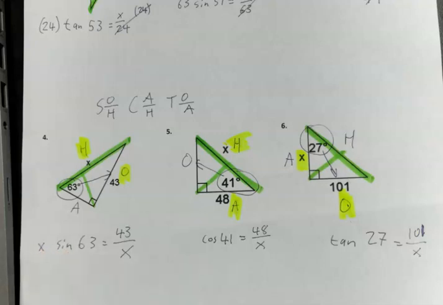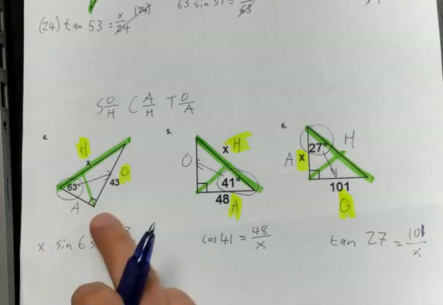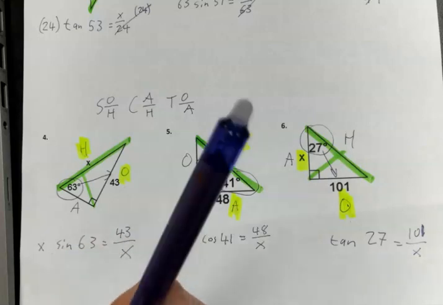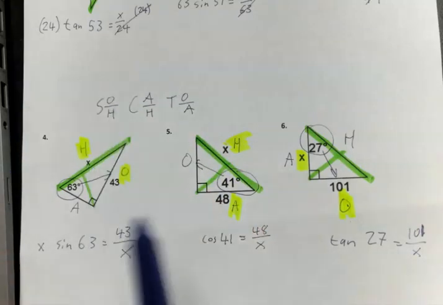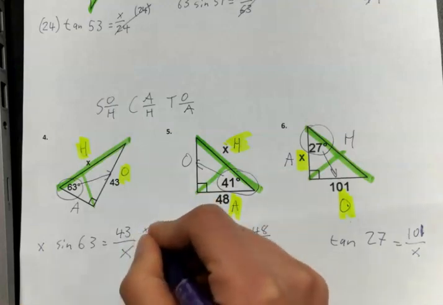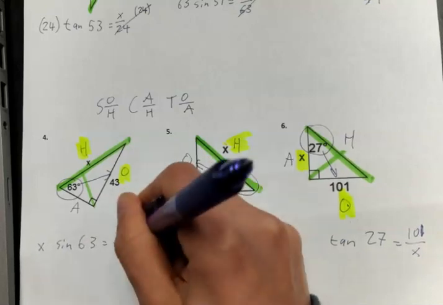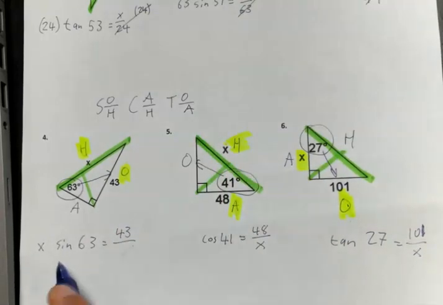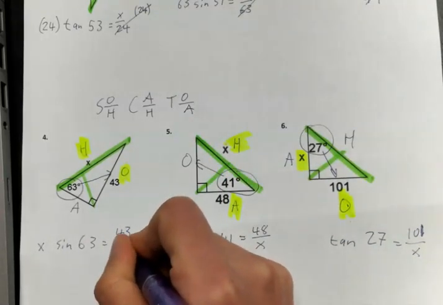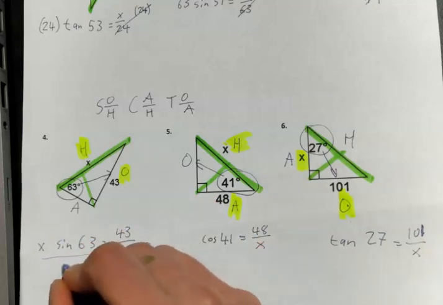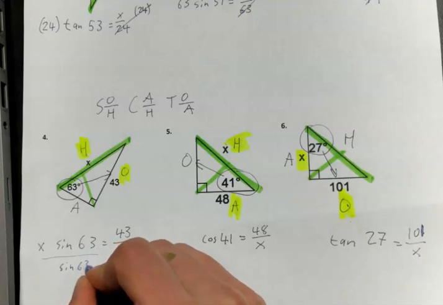So x times sine 63 equals 43. Well, I can just divide by sine 63 because when I multiplied both sides by x to get rid of the x on the bottom, that got rid of that, right? So now divide by sine of 63 to get rid of sine 63 on both sides.